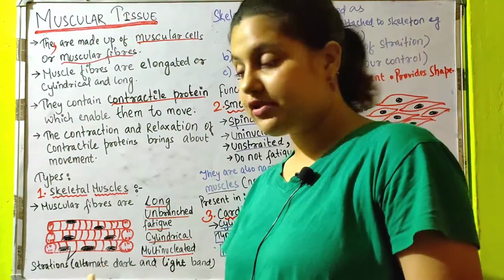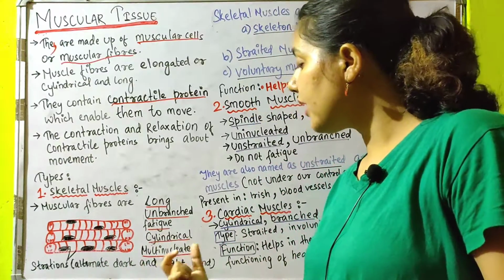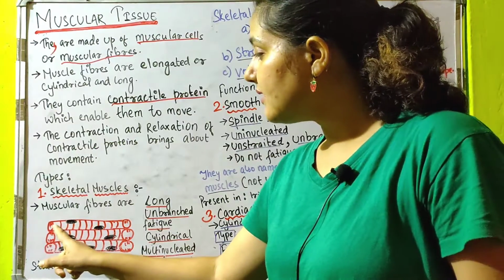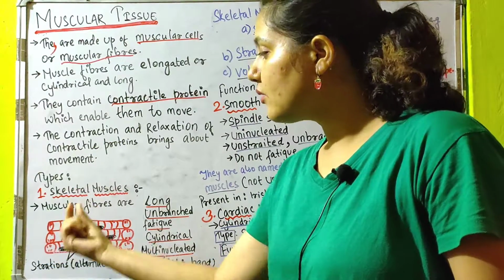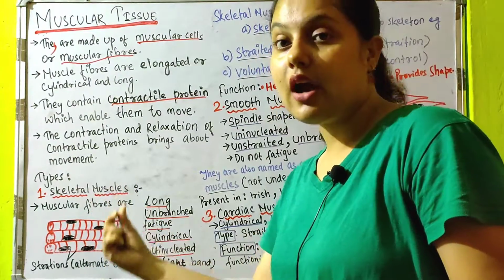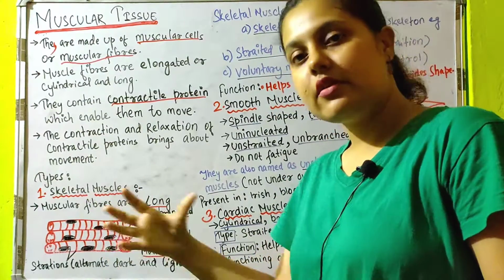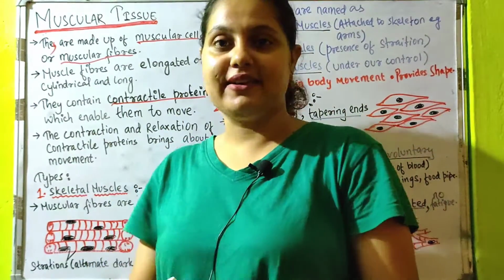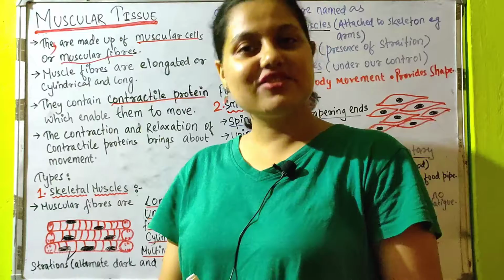Now coming to striations, they are alternate dark and light bands. There is a pattern of dark and light color, like light and dark red. That is known as striations.